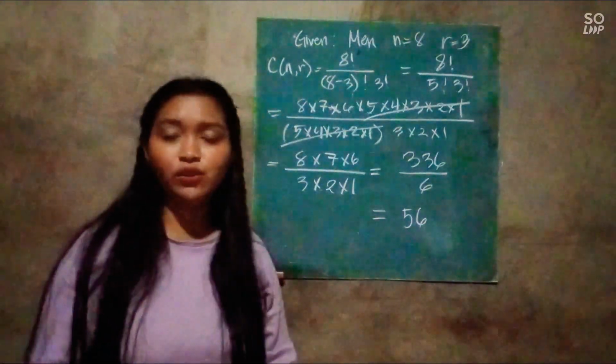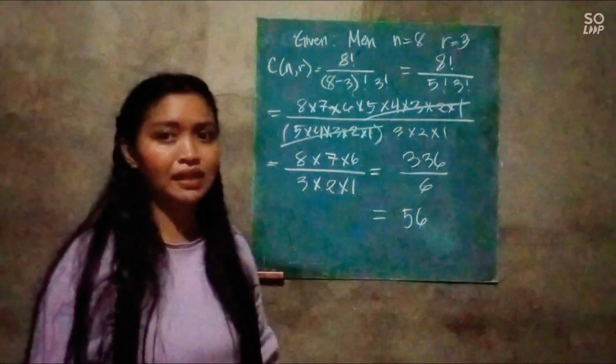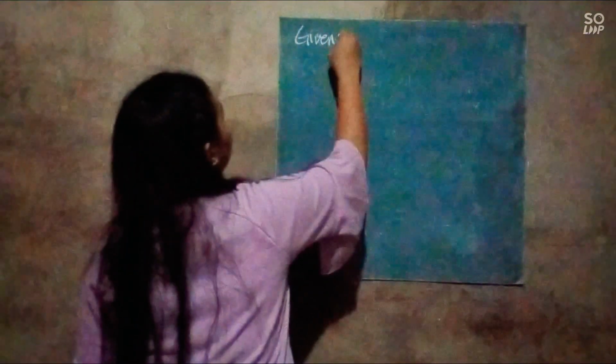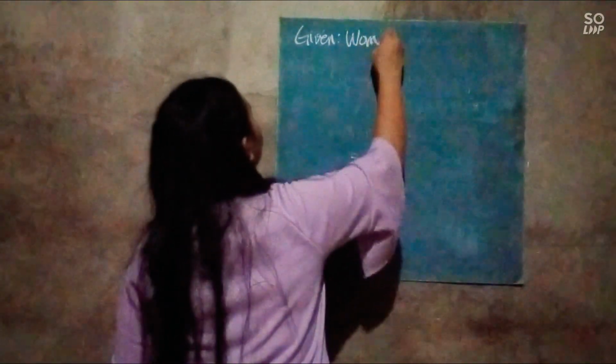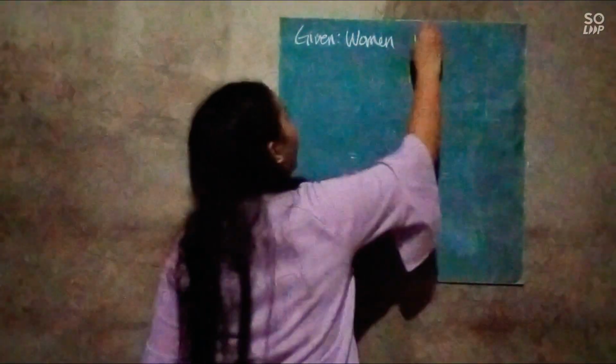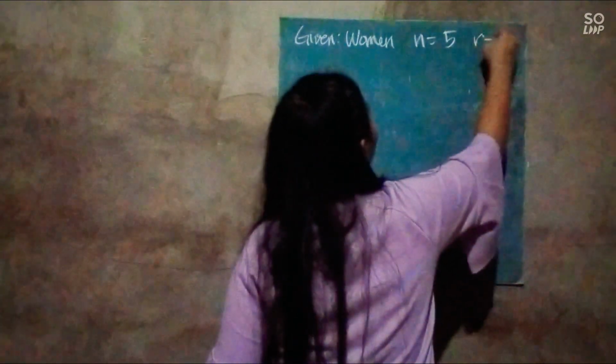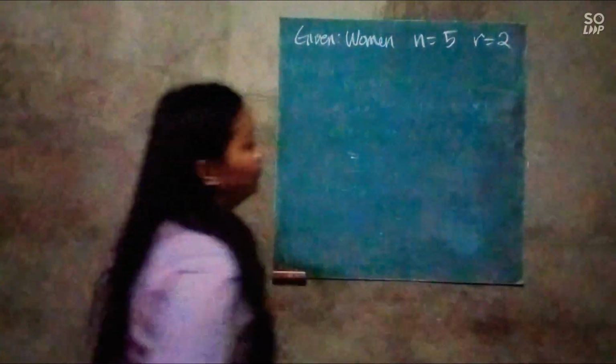So another solution is for women. So in women, we have a given of n is equal to 5 and r is equal to 2.